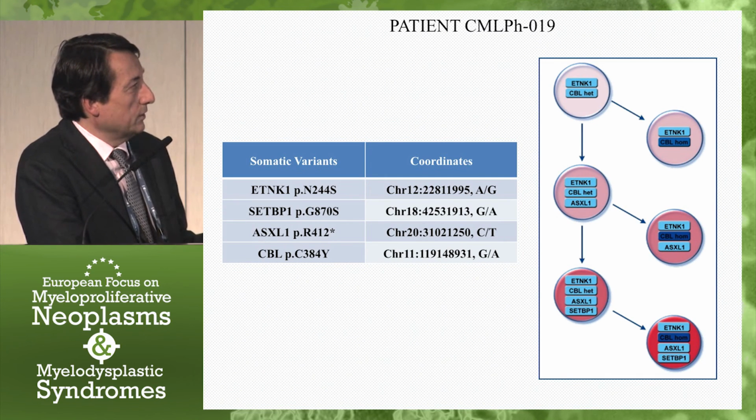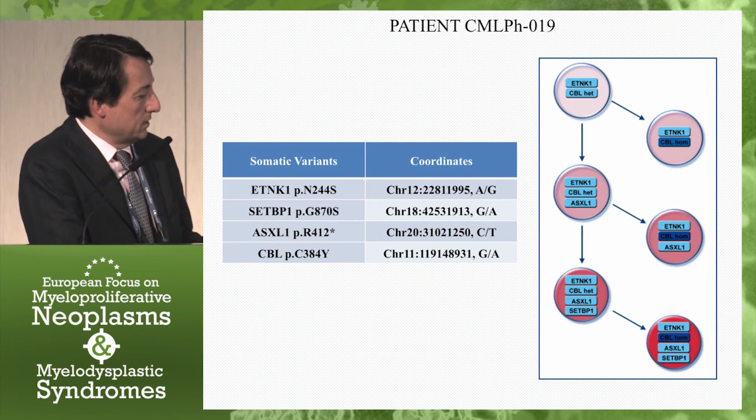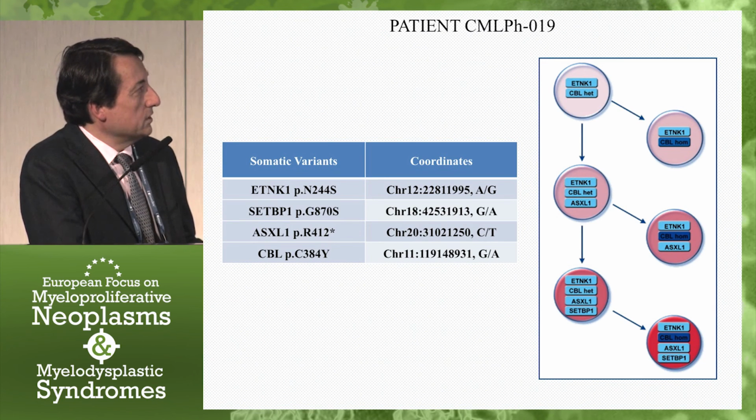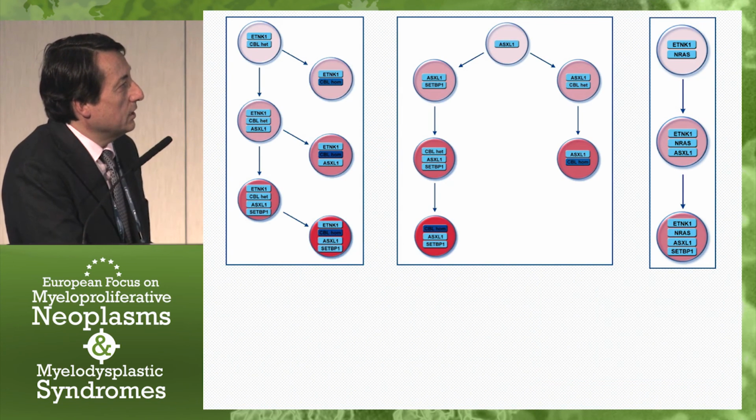In all these cases, we can definitely see that at each level there is a tendency for a CBL heterozygous mutation to become homozygous, that you can see here. And we saw this in other cases as well.